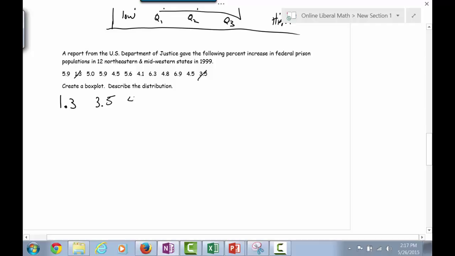Then looks like we have 4.1. Then we have, looks like 4.5, and we have 2 of those. 4.8 would be the next one.